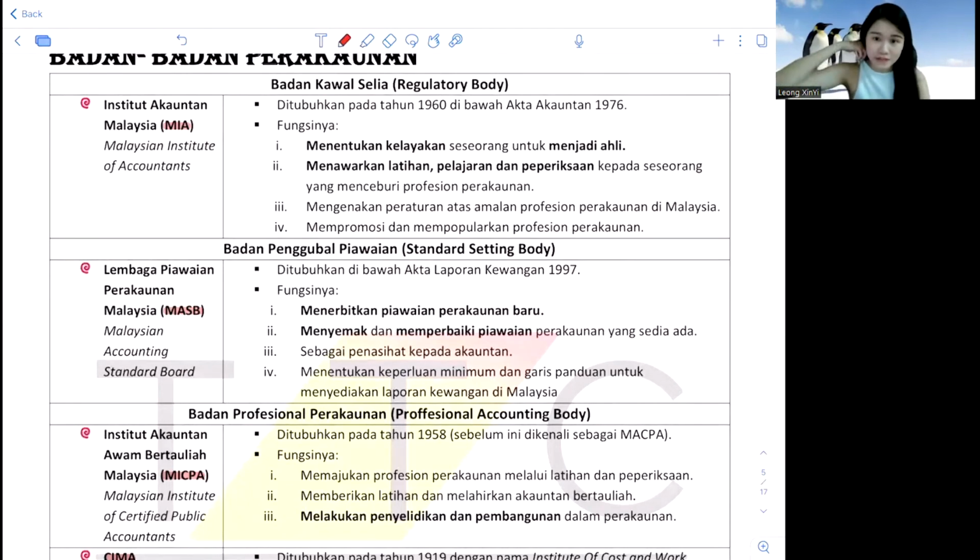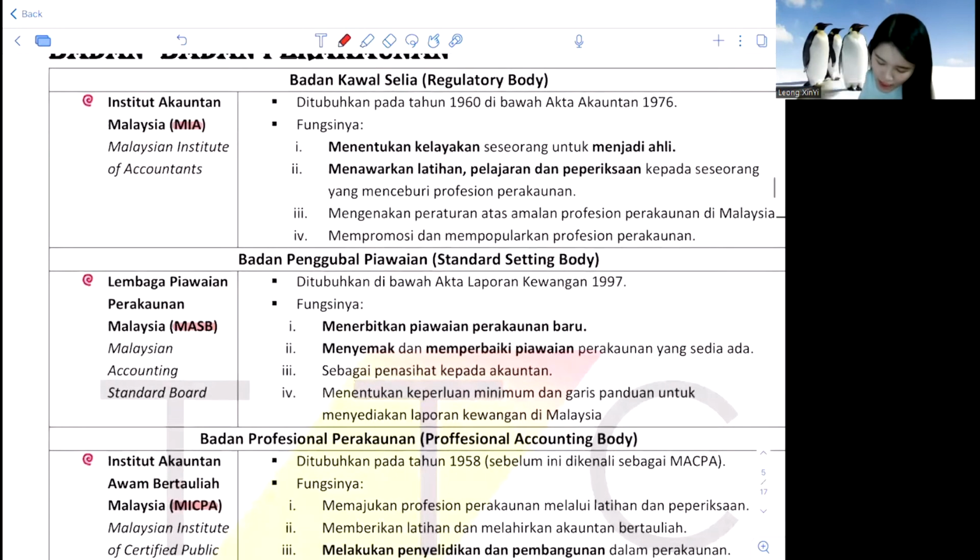Okay, so we start from the first one, MIA. I would say you can recognize by this center alphabet, I. I stands for institute. So what does institute mean? Institute is like a school, okay? So what does school do actually? School teaches you.